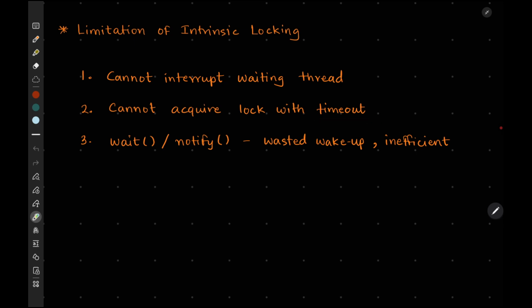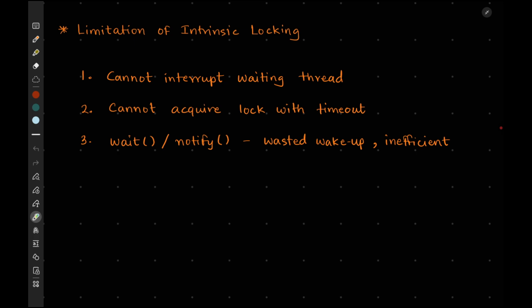You either get it instantly or you block indefinitely. Third, if you need to wait for a condition like buffer not full, every thread that calls the wait method ends up in the same waiting pool. You will see why that's a problem when we talk about condition.